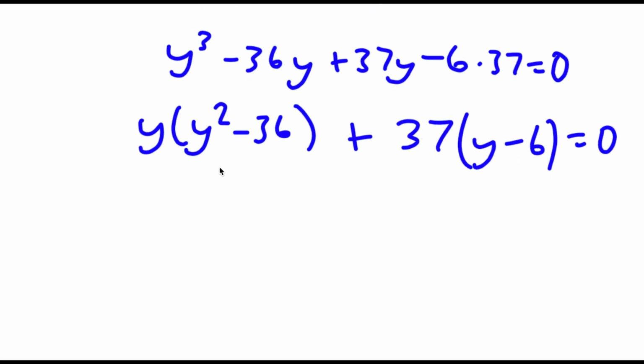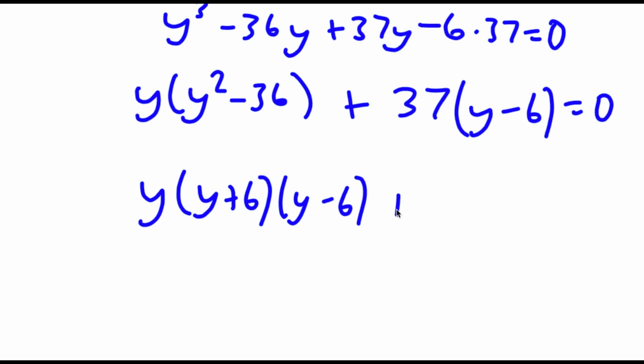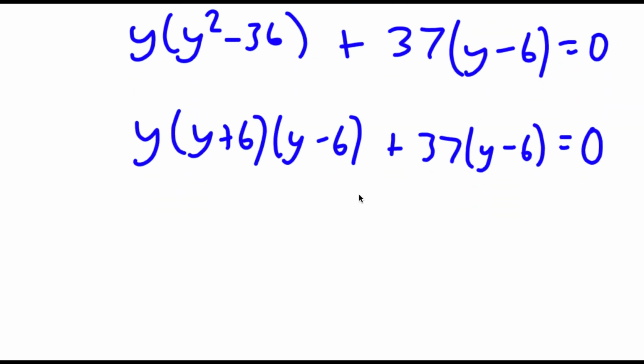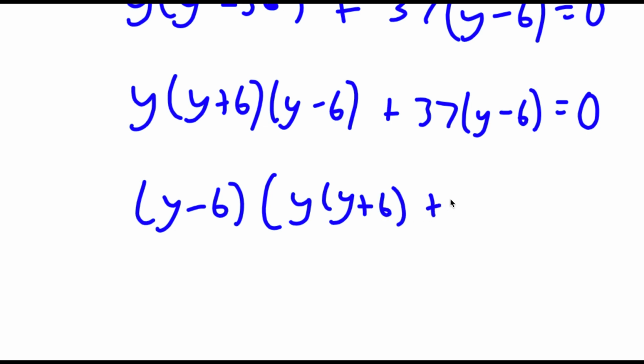And y squared minus 36, that's going to equal y plus 6 times y minus 6. Now, if I factor out y minus 6, I get y minus 6 times y plus 6 plus 37.